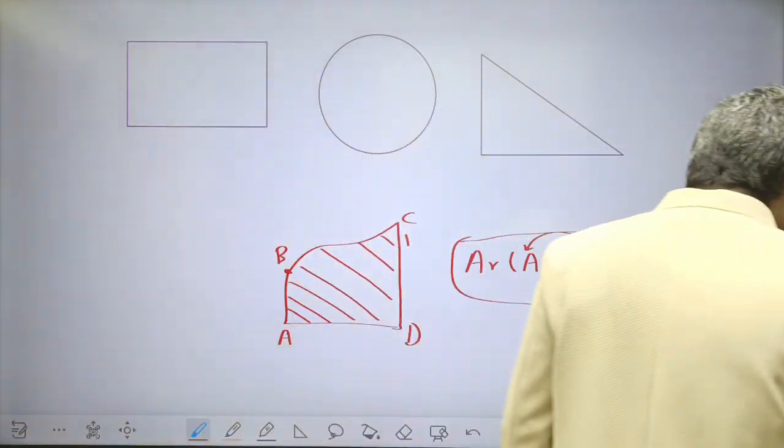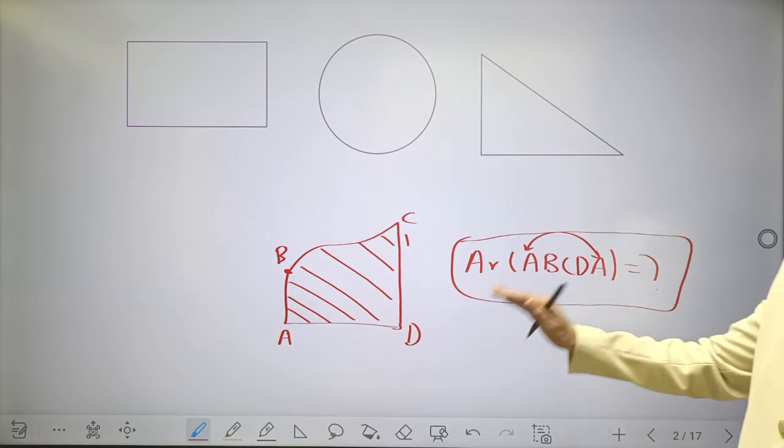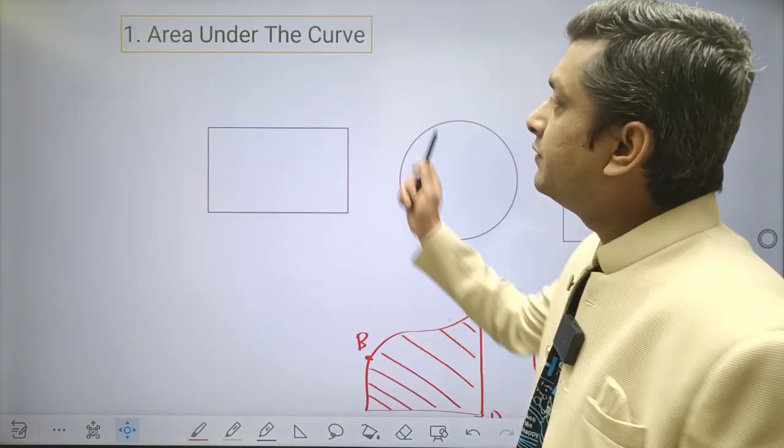Now we have to find the area of an irregular figure, and for this we need integration. So what is the procedure? Let's see step by step.